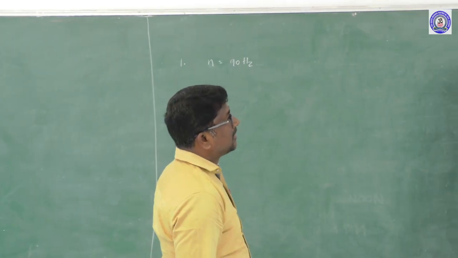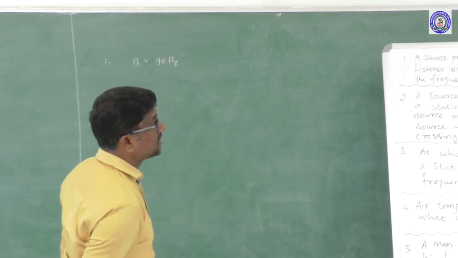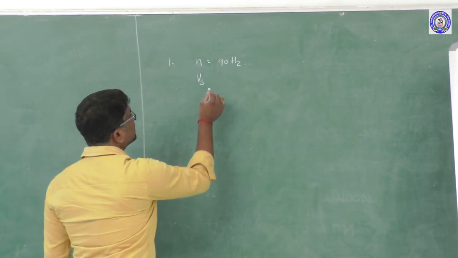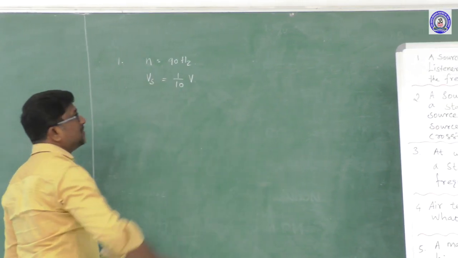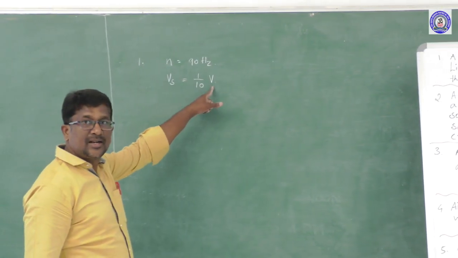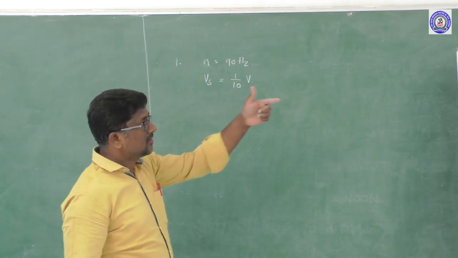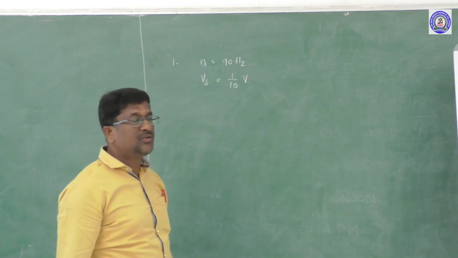Next, the speed of the source is 1/10 of the speed of the sound. The speed of the source is represented by Vs, which is equal to 1/10 of the speed of the sound. Speed of sound is represented by V.